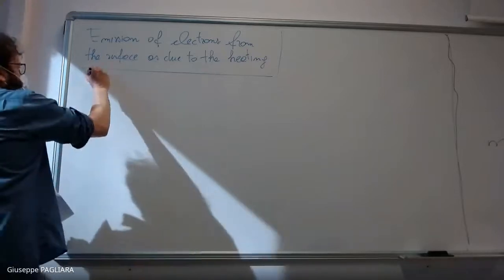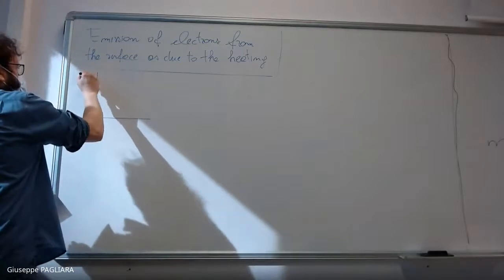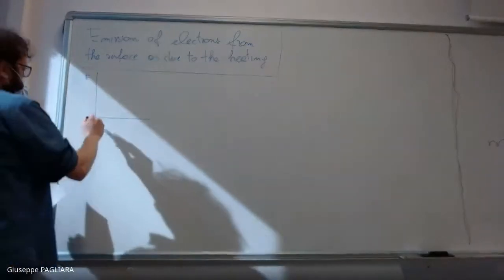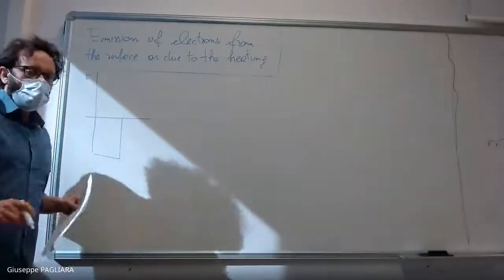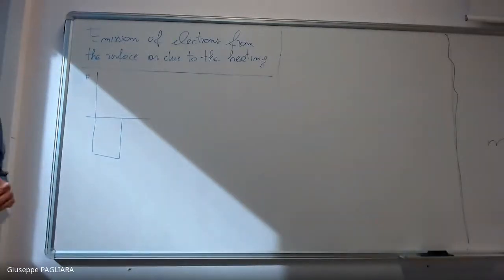Basically, the idea is the following: we have here the energy of our electrons, and here we can think about the crystal, the lattice of ions, as producing a sort of potential well in which the electrons are immersed.